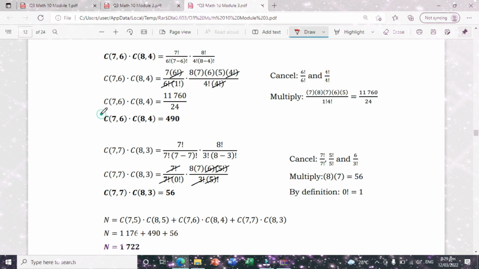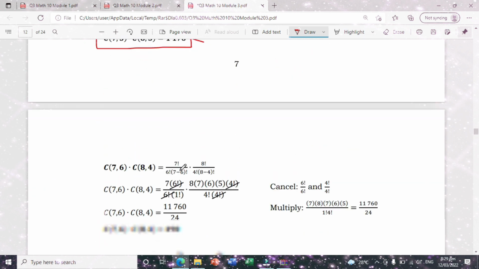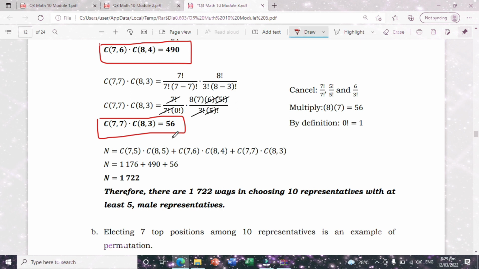Okay? So dito C76, C84 is 490. Tapos ito naman C77, out of 7, 7 male yung kukunin, while out of 8 female nominees, 3 na lang. Yan. So, this one is equal to 56. So, meron na tayong 1176, 490, 56.